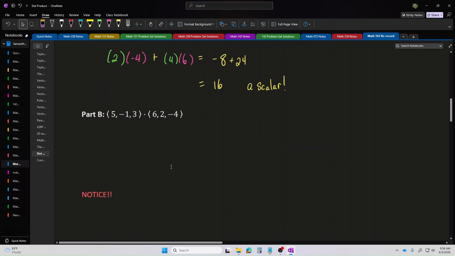Part B, let's practice dotting together a pair of three-dimensional vectors. The first vector being 5, -1, 3. The second vector being 6, 2, -4.